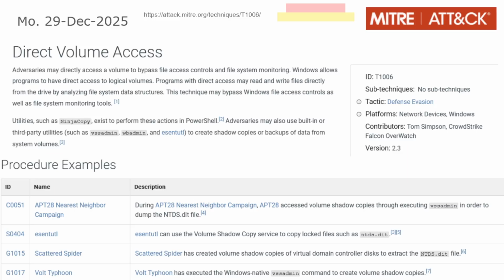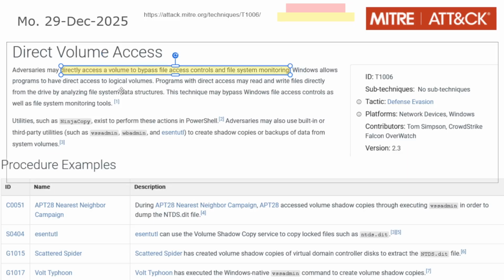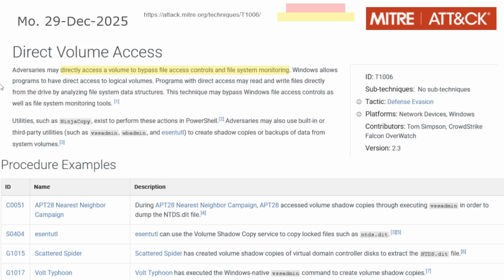Adversaries may directly access a volume to bypass file access controls and file system monitoring. Yes, if you have access to the whole volume, like the whole C drive, that's indeed not a file access.